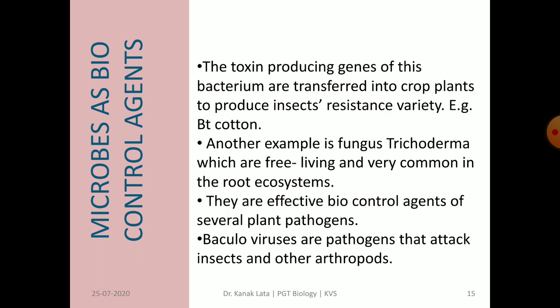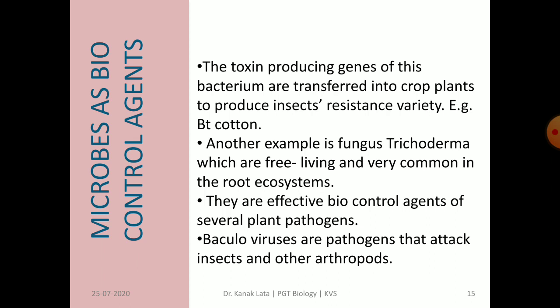Fungus Trichoderma is used to kill several plant pathogens. Baculovirus, for example nucleopolyhedrovirus, are pathogens that attack insects and other arthropods. These viruses are excellent candidates for species-specific narrow spectrum insecticidal applications.